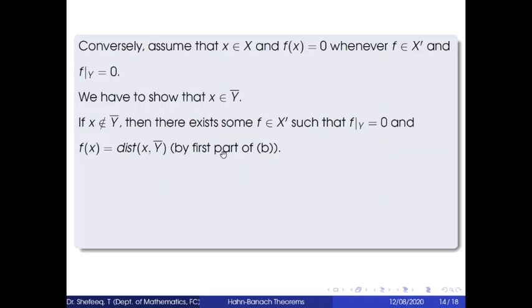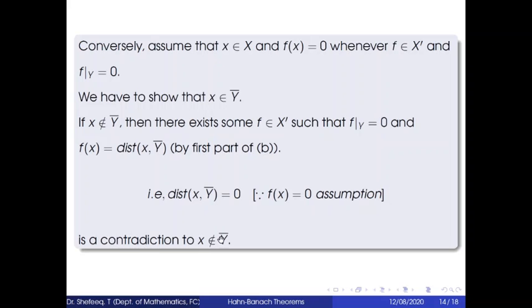This is by the first part of B. So we have the distance of x from Y bar, which is equal to 0 since f(x) is equal to 0, this is our assumption. The distance of x from Y bar equal to 0 means x belongs to the closure of Y, which is a contradiction to x not belonging to Y bar.